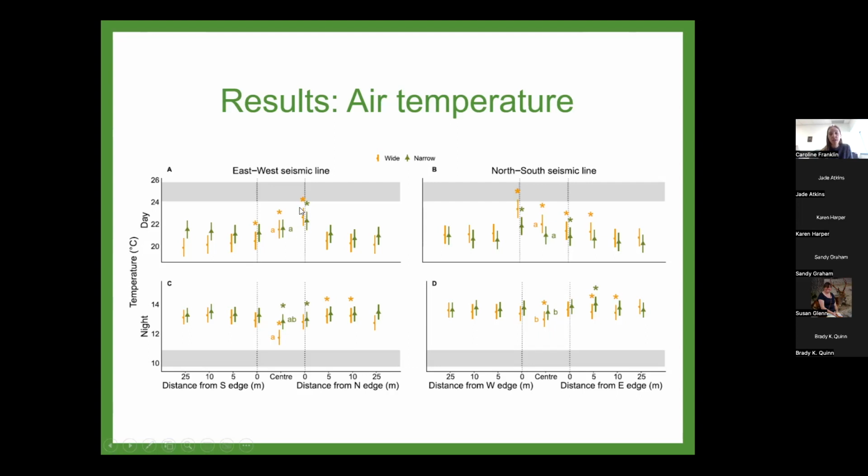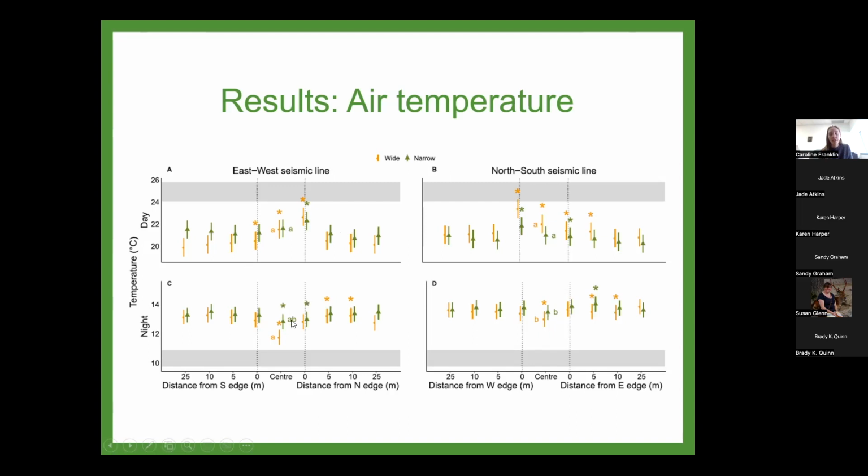If we look, the daytime temperatures were higher at the edges compared to the forest interior and compared to the seismic line center. We're even seeing that on east-facing edges during the day. We see these higher temperatures at the edge compared to the seismic line centers and forest interiors.